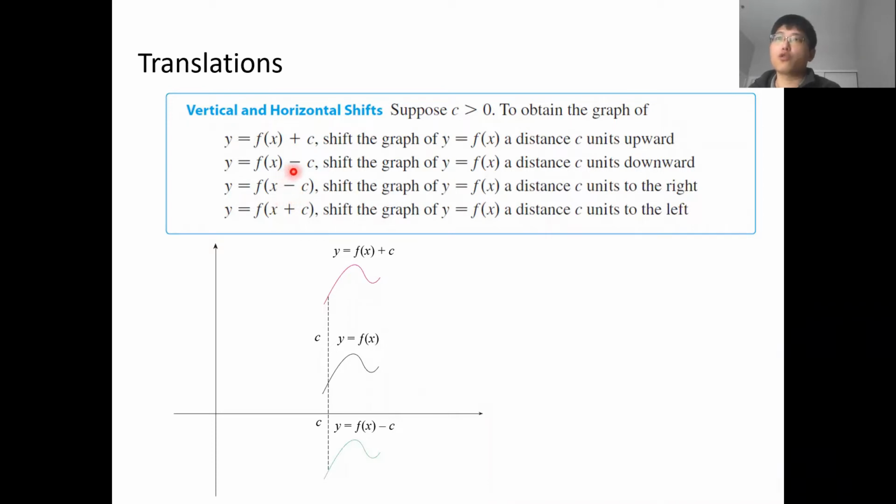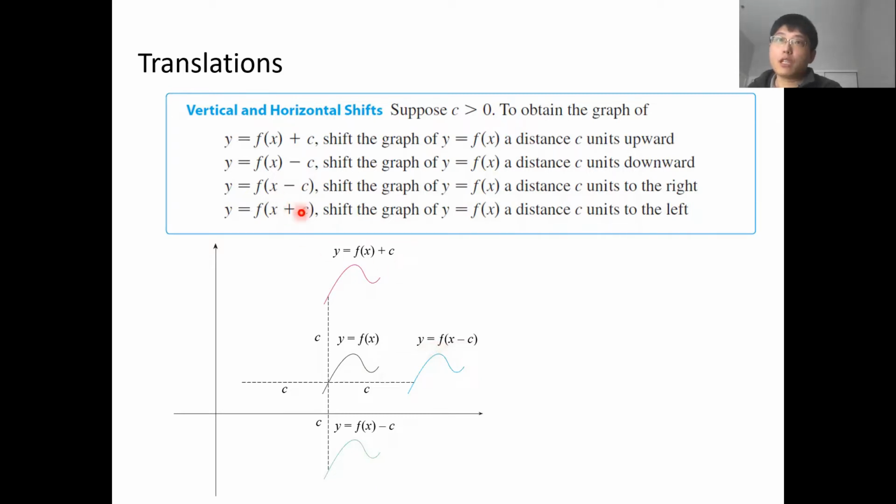So here the rule seems to be a little bit opposite. If you are seeing a negative sign in here, this means you need to shift the graph to the right. As you could see from here, if you shift this guy to the right by c units, what you will get is y equals f of x minus c.